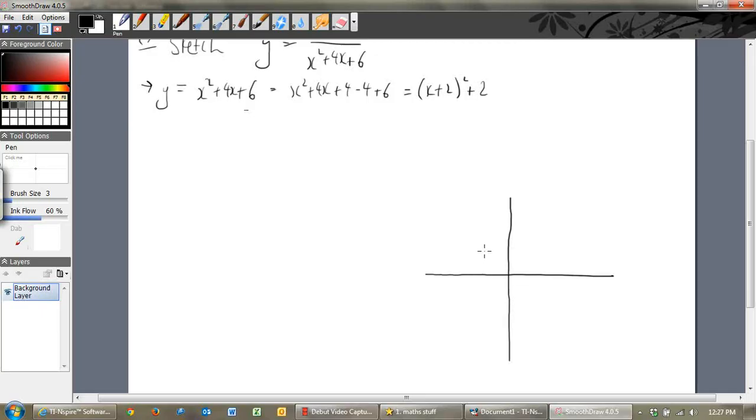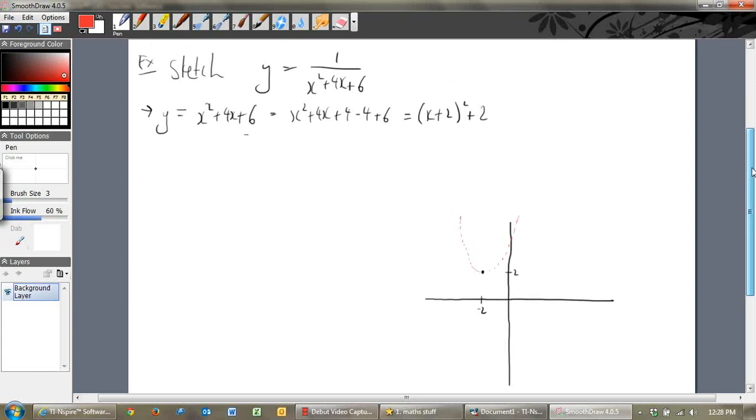The turning point will be at negative 2, 2. I'm not going to worry about being accurate, but I'm going to draw it in a dotted line. So I'll just draw a parabola, something like that. That's what the bottom line looks like.